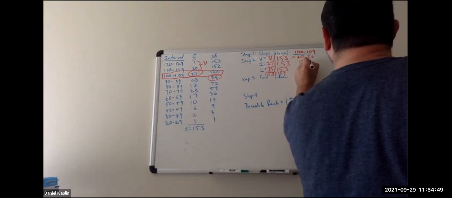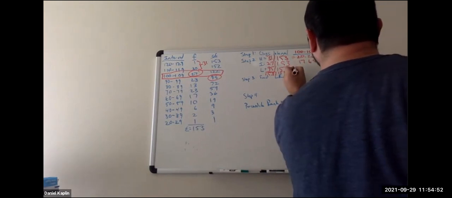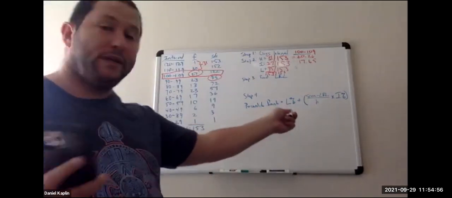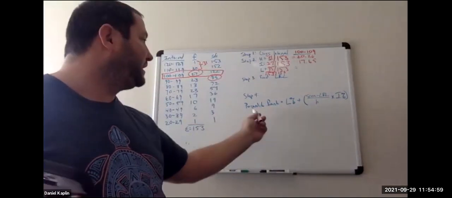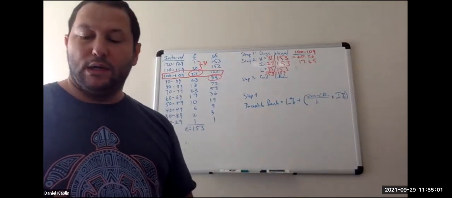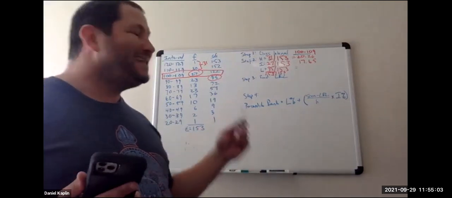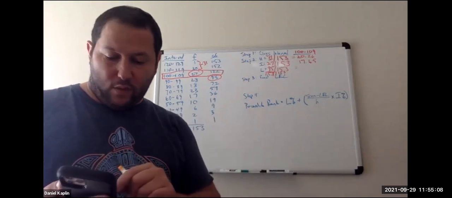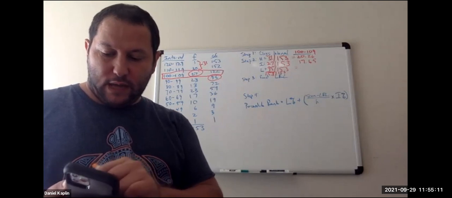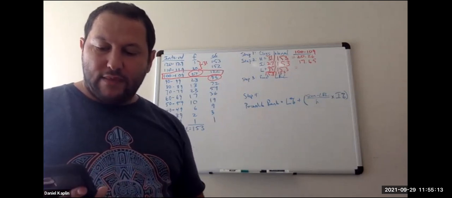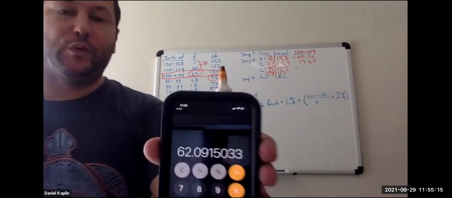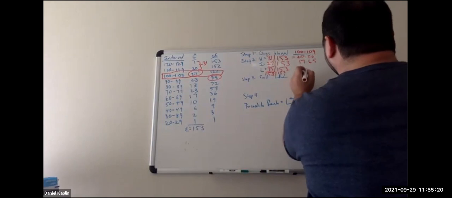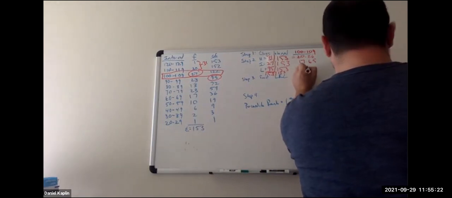Our final one, and this is going to be important because of the formula to calculate percentile rank, which is below, is 95 divided by 153 times 100. And that's going to give us 62.09. All right, so here we are, 62.09.